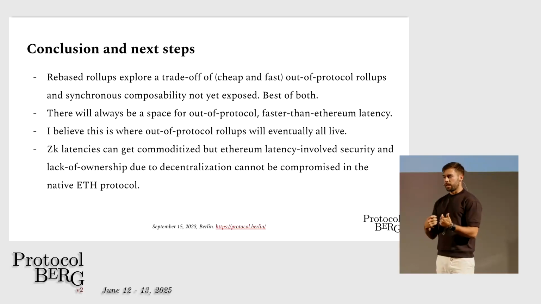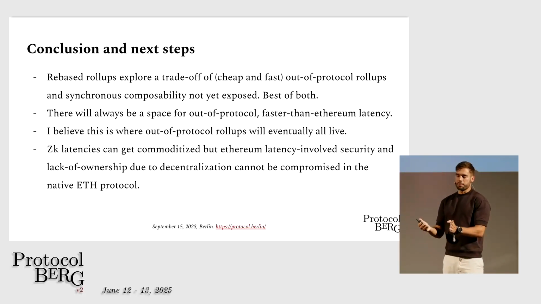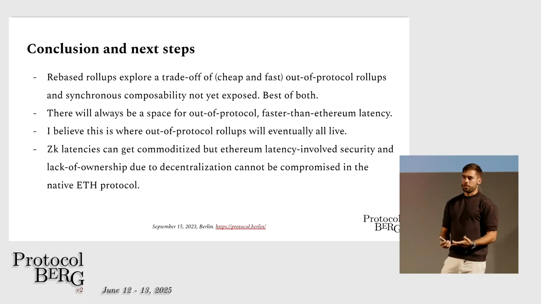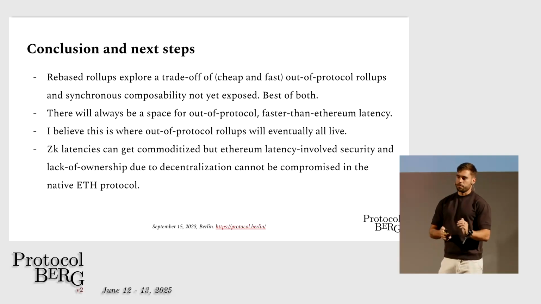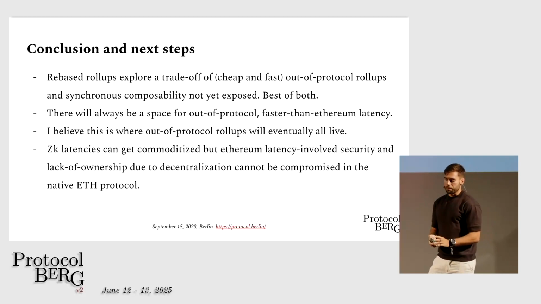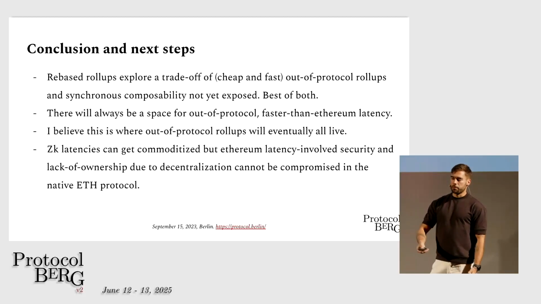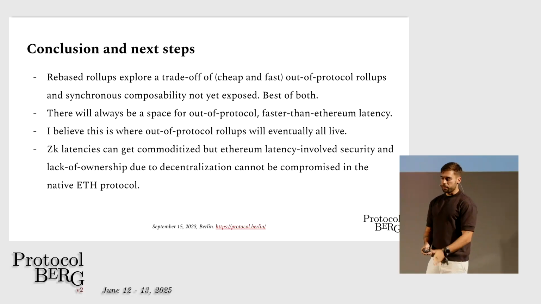In a future where that is happening, non-based rollups lose a bit of their selling strategy, but I argue there will always be a space for faster than Ethereum latency for block time, for example, because Ethereum just has to deal with an amount of decentralization and safety that there will be space to exploit this trade-off, and always provide faster block time at perhaps a bit less safety and a bit less decentralization, and play with it a bit more when you are exploiting this rollup space. So I think that something like rebased rollups, whatever changes happen on Ethereum, will always be there.